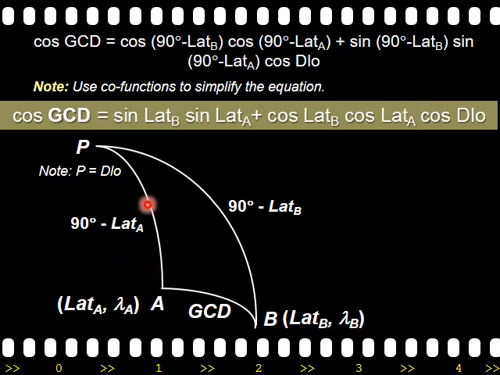Now, itong side na to, this is actually equivalent to 90 degrees minus the latitude of A. Okay, bakit? Kasi, diba, when we measure from the equator, okay, papunta sa pole, let's say sa North Pole, yung angle na yun between the equator up to the North Pole, that is equivalent to 90 degrees.